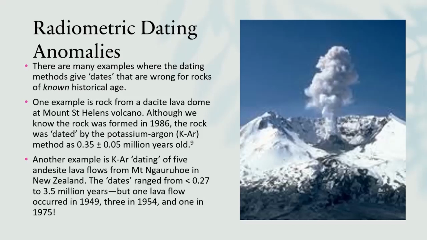But one lava flow occurred in 1949, 3 in 1954, and 1 in 1975. Now, these are only a couple of examples. I could spend the rest of the talk on all of the examples of this kind of mistake, of dating known rocks and yet getting far too old an age.